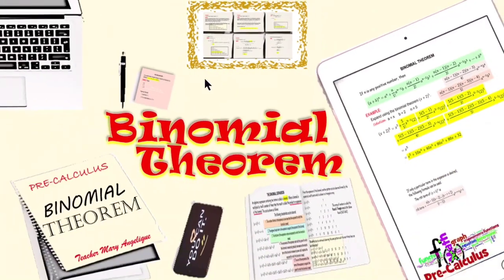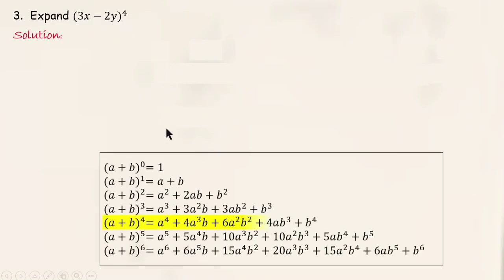Another example. Expand 3x minus 2y raised to 4. We're going to expand this binomial with exponent 4 based on this expansion. But take note that a is equal to 3x while b is equal to negative 2y.